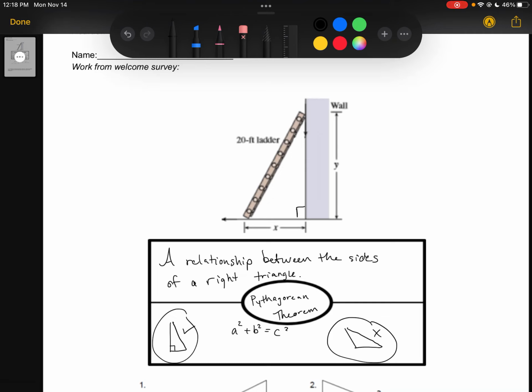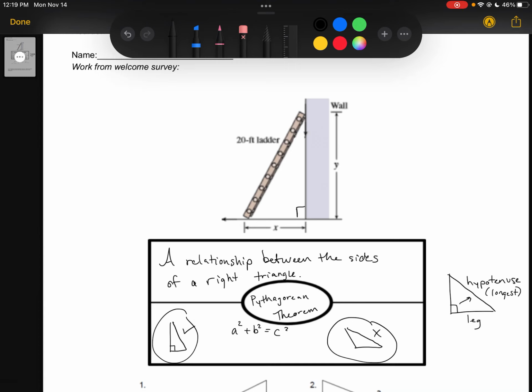There are some specifics that we need to make sure we have clearly established about a, b, and c. Yesterday, we talked about the hypotenuse being the longest side of a triangle. It is also across from our 90-degree angle. In addition to this, we have two legs.